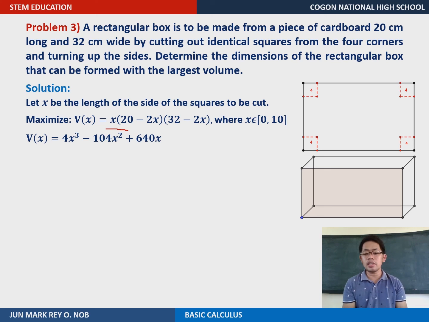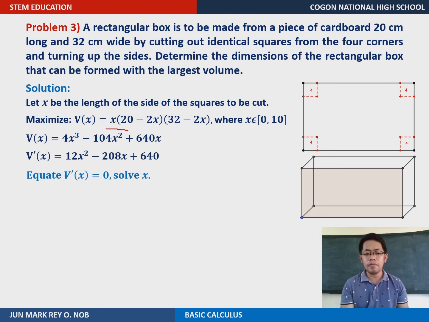In this case, the objective function is written in terms of one variable, so we can already solve it using the extreme value theorem. Right, so we get the first derivative, we equate the first derivative to 0 and then solve for x.